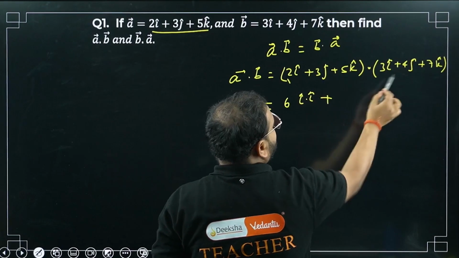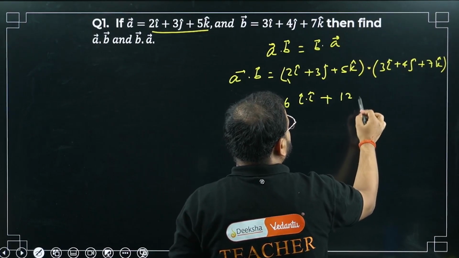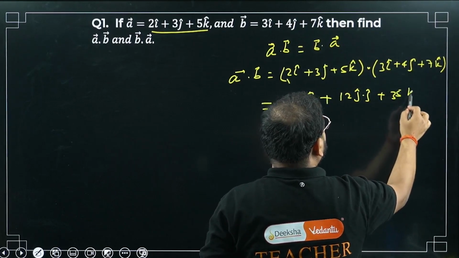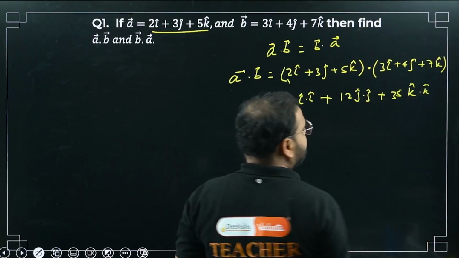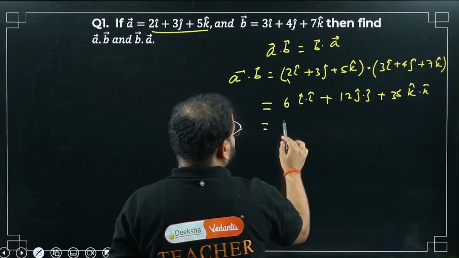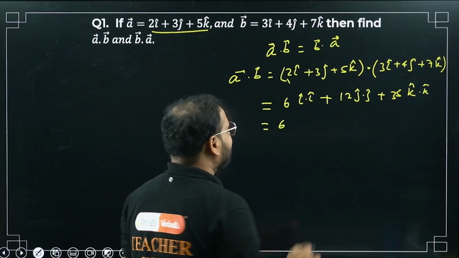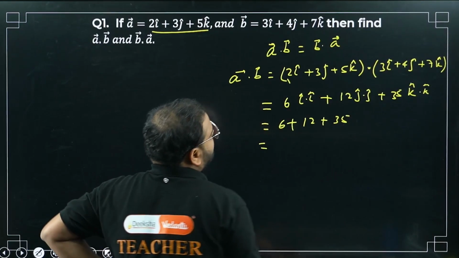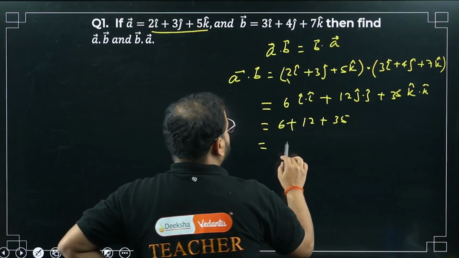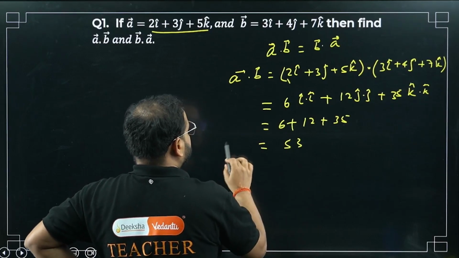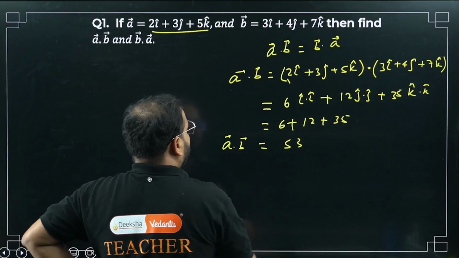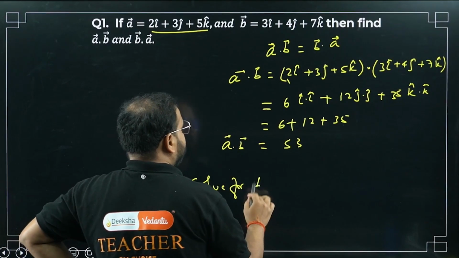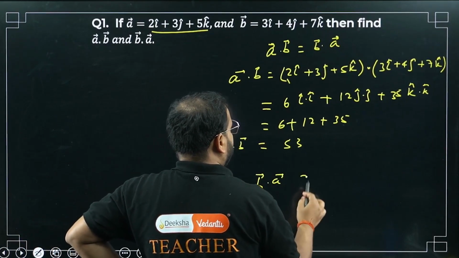Plus 3 into 4, so 12, j dot j. 5 into 7, so 35, k dot k. i dot i is 1, so I won't write that. 6 plus 12 plus 35. How much is that? 47 plus 6, 53. This is my answer. Now you have to solve for B dot A and verify.